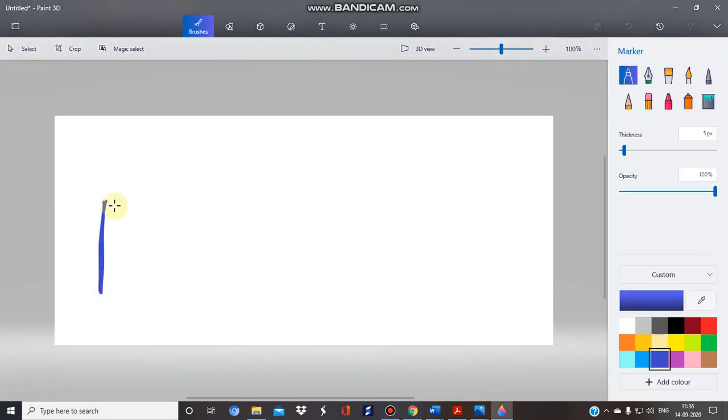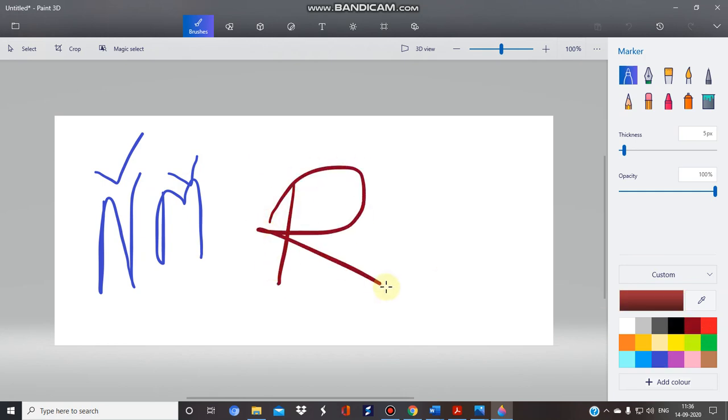So far we have covered NMR: the N part, that is nuclear, which is related to the nucleus, and the magnetic part. Now the third important component is the resonance part.